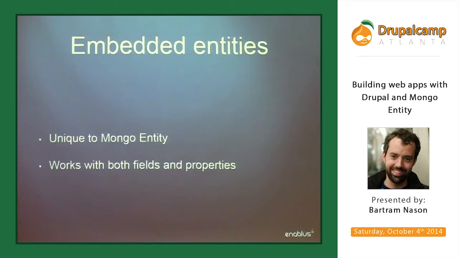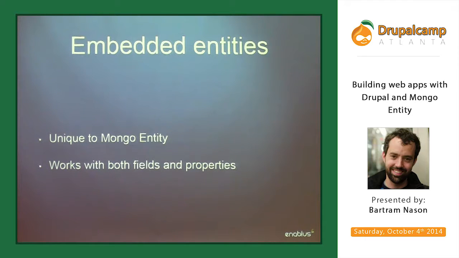Field collection, I know last time I checked, was still marked as a dev module, and even so, when you want to have a child entity of a parent entity, you're still doing a lot of database table joinings and loading and things like that. So Mongo Entity gives you this embedded entity class right out of the box where you can say these are going to be children of the parent.